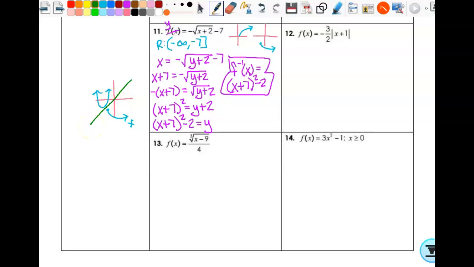Well, when I do that, all I really get is this right here. Does that make sense? When I reflect this in here, I get this. This was the range of the original one. It becomes the domain of this one, negative infinity to negative 7. And that's what this domain right here is.